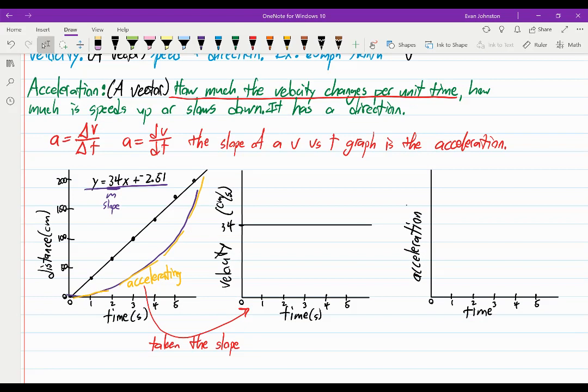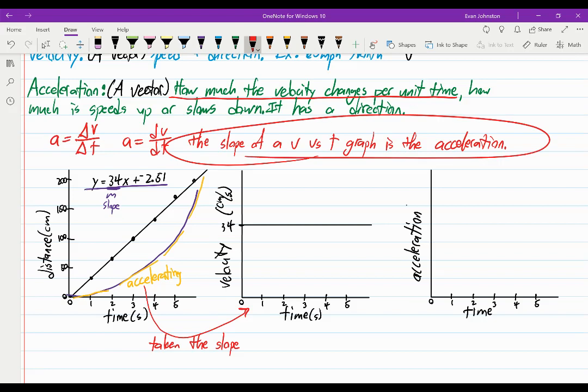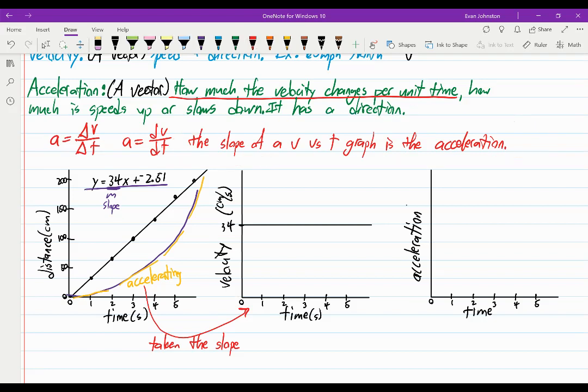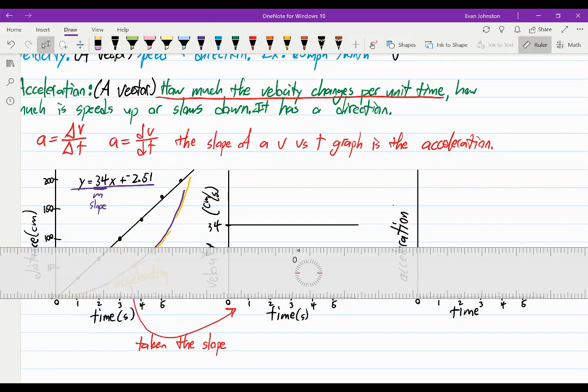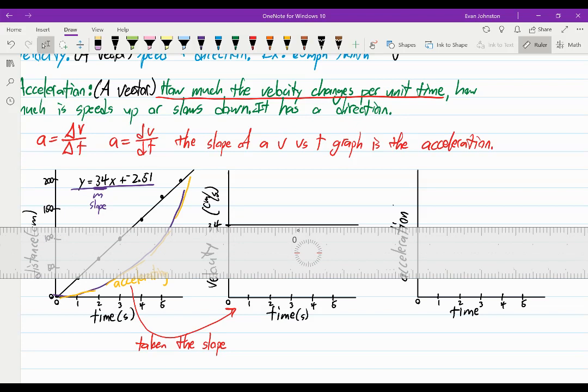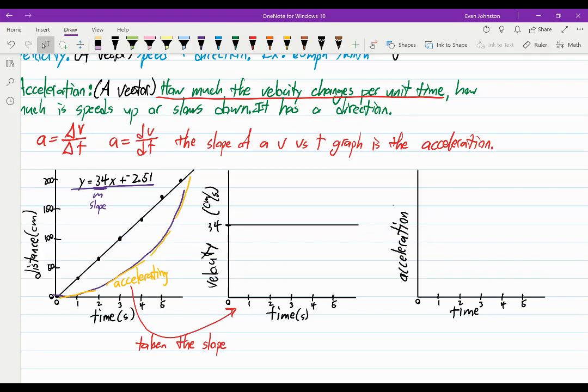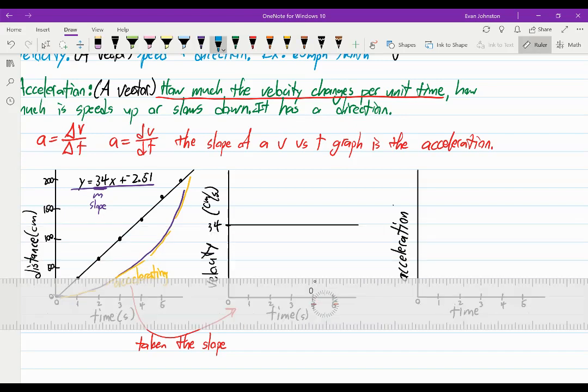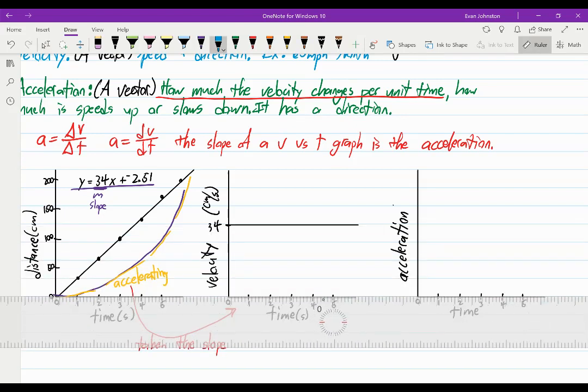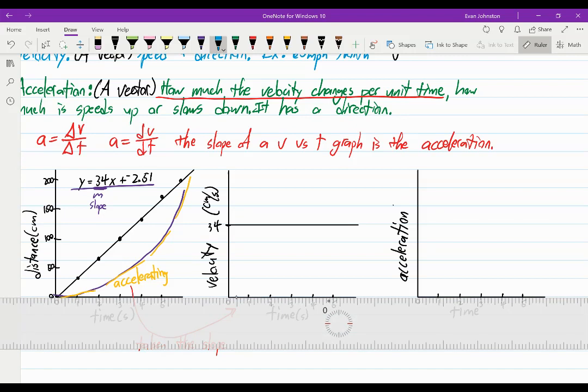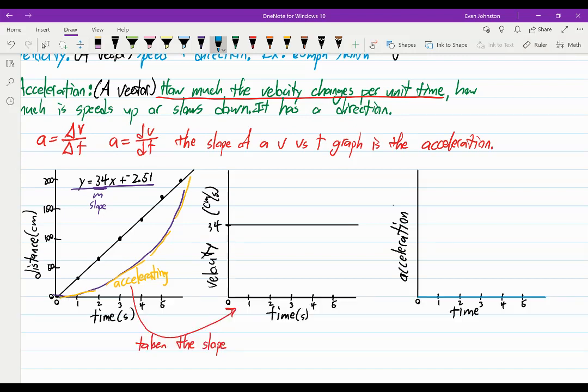So now, let's get the acceleration graph. Well, it says here it's the slope of a velocity versus time graph. Well, what is the slope of this velocity graph? If it's flat like this, it's horizontal, the slope is 0, right? So I kid you not, all I have to draw for my acceleration is that it's just at 0.